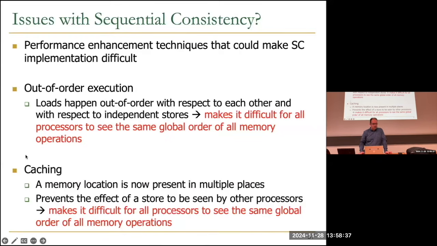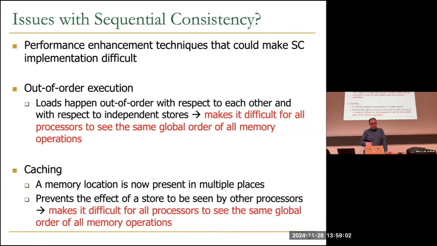Another one is caching, which I already mentioned, that a memory location is now present in multiple places, and that prevents the effect of a store from being seen by other processors, making it difficult for all processors to see the same global order of all memory operations. We're also going to see that caching can cause the coherence issue, but that relates to one specific memory location.